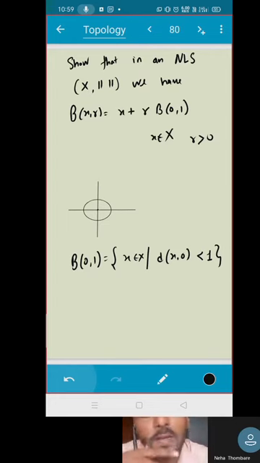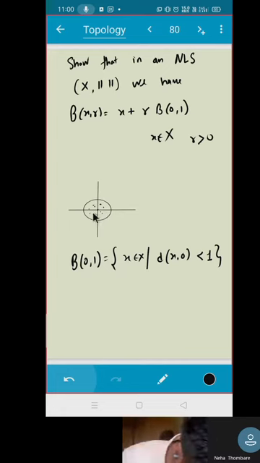So if I multiply by r, that means what? If I multiply this set by r, what do you mean by that? Those elements will go somewhere else, correct? Suppose some people are here.